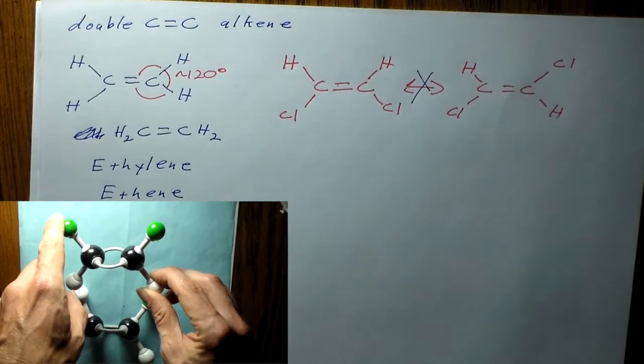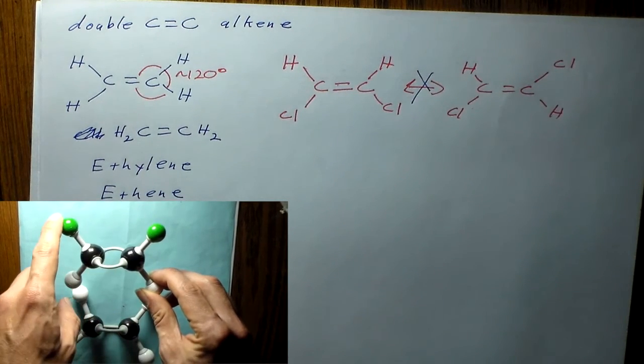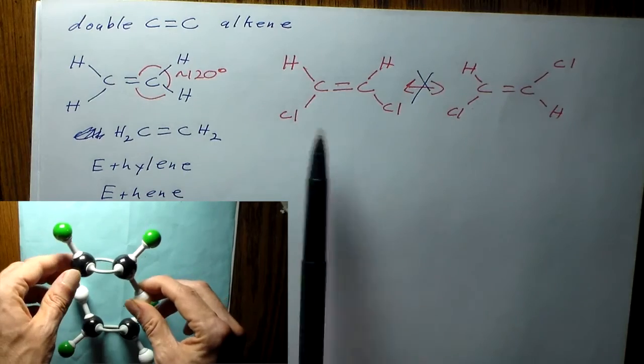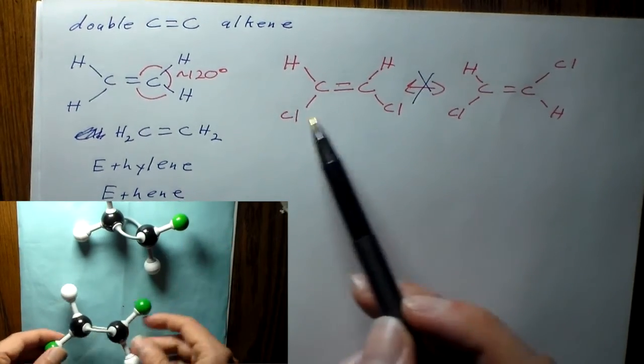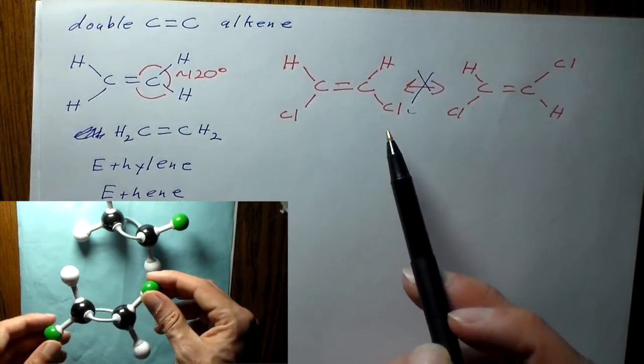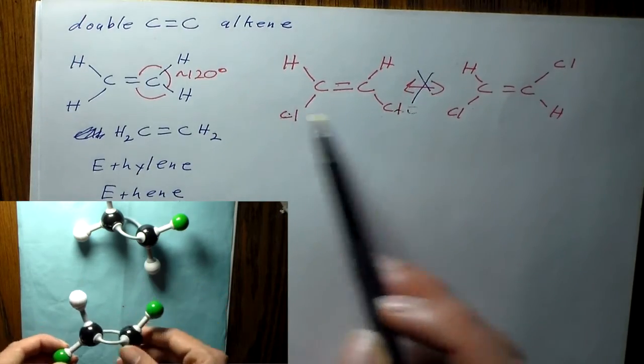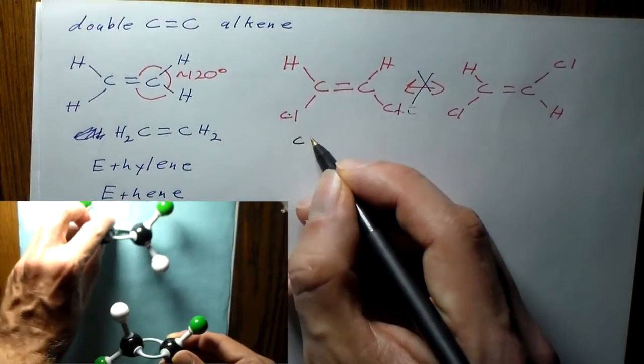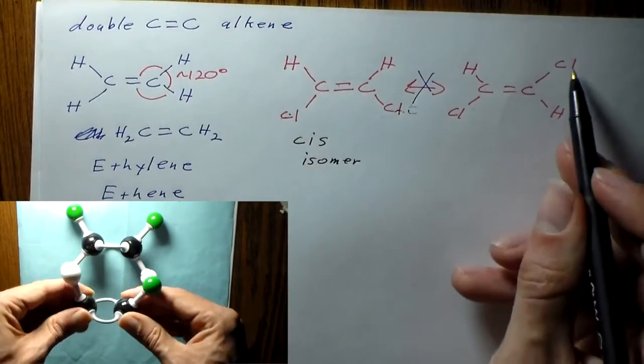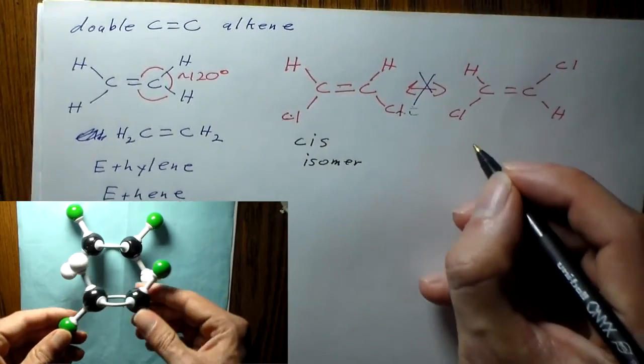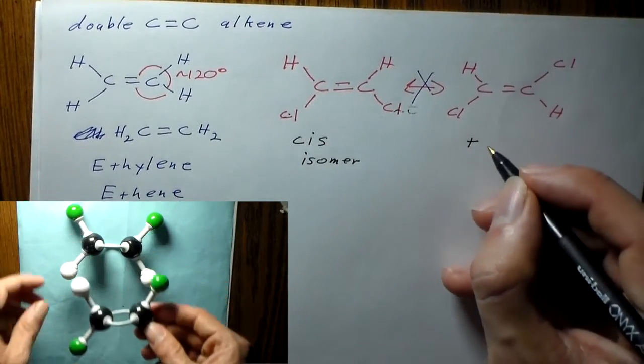So these are very, very important differences here. And the way that they name these differences is if the parts are on the same side, like this, so you see the Cls are on the same side here, this is called a cis isomer. And this one, because they're on opposite sides, is called a trans isomer.